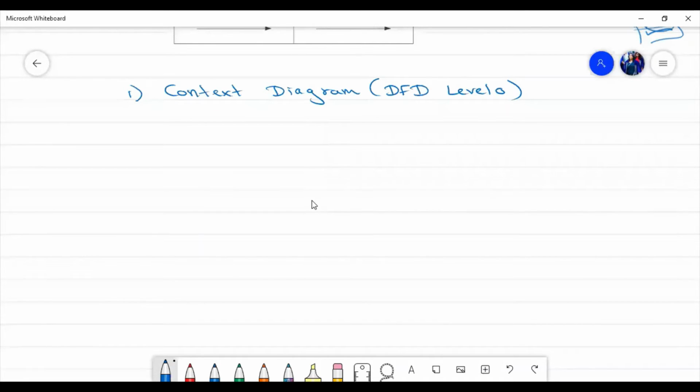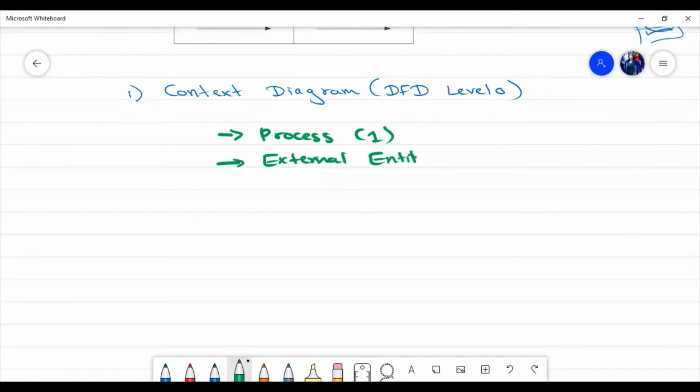So children, you need to understand that when you're drawing a context diagram, you have to use only the process. Just one process, right? And external entities, and the data flows only, right?